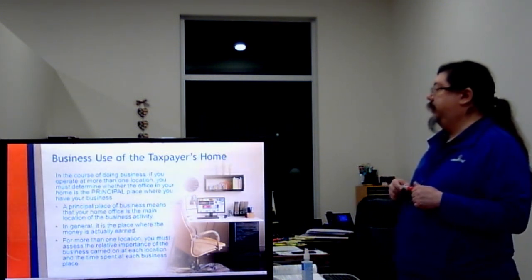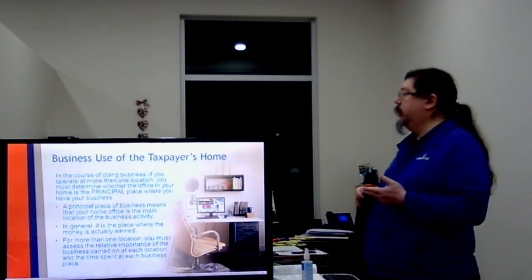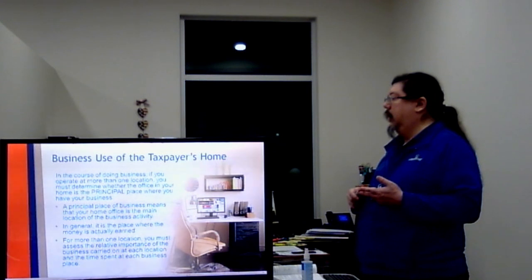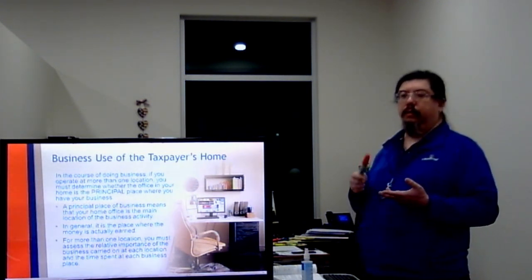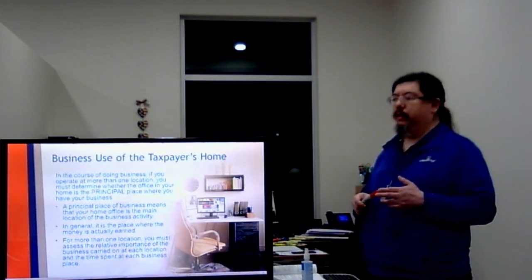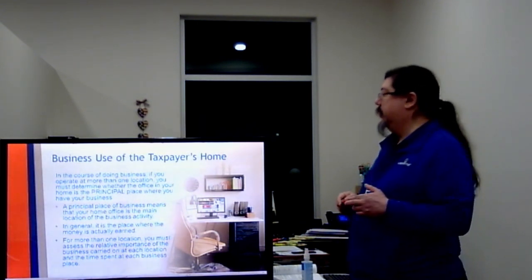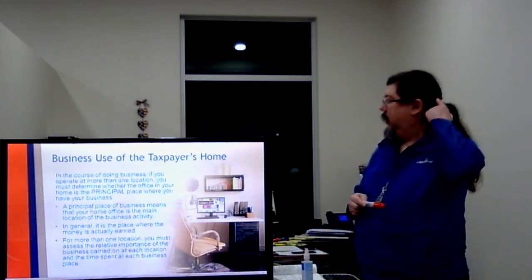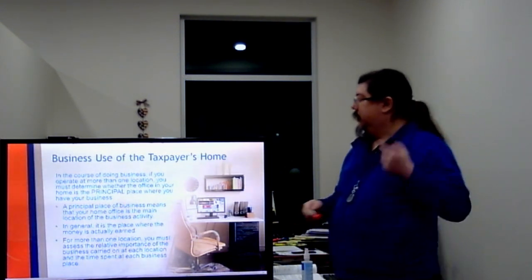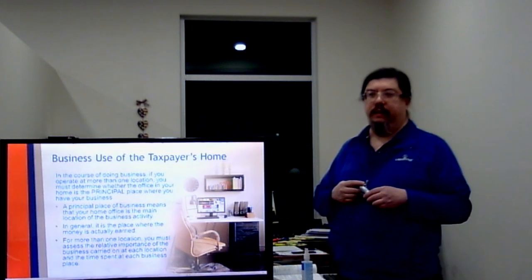Okay, so if you operate at more than one location, and you're not one of those exceptions where you regularly meet clients at home or it's a separate structure, you would have to determine whether your home office is a principal place of business, which is whether it's the main location of the business activity.